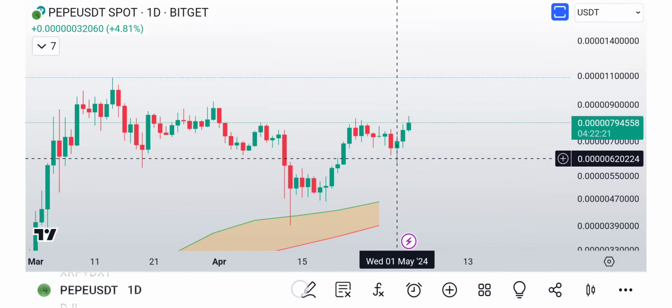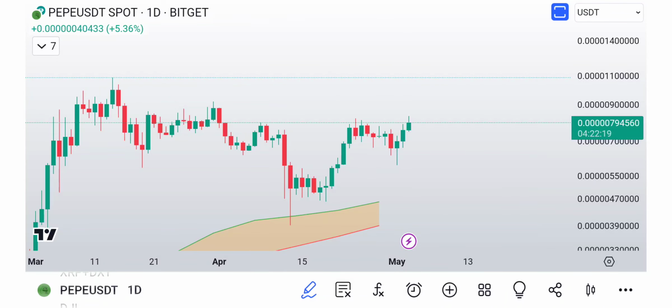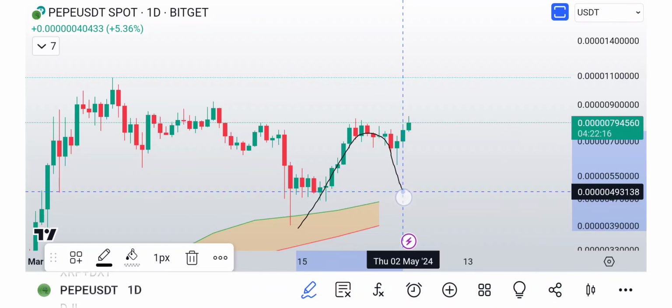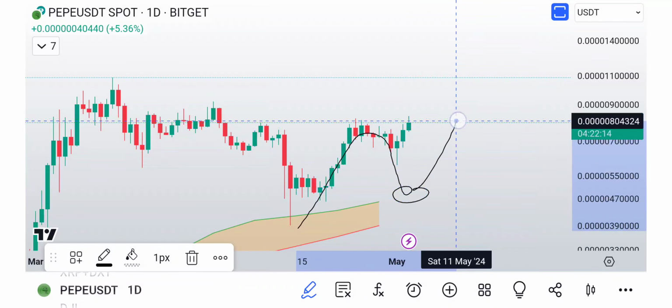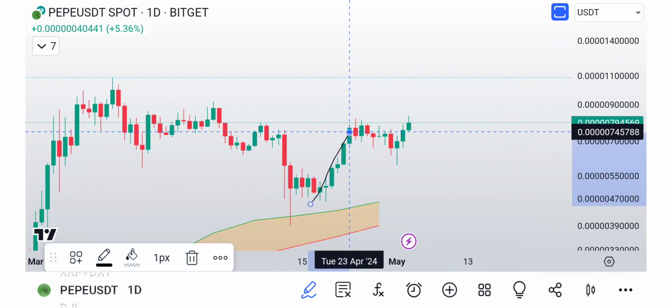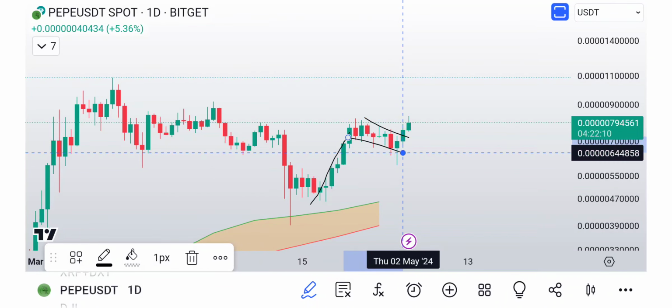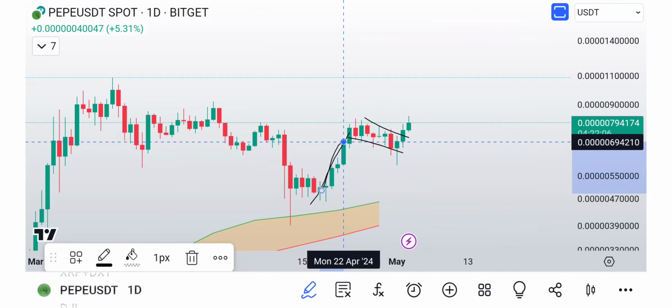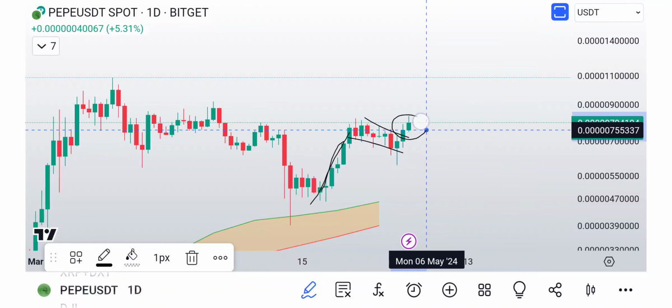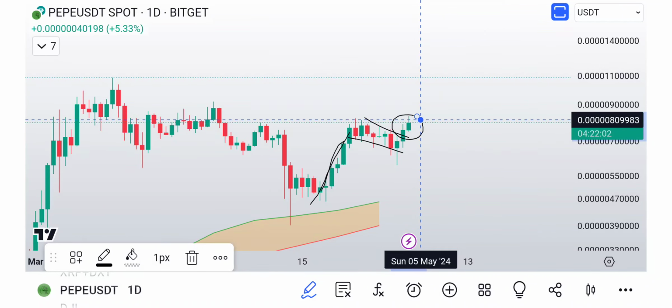Yeah, it did have a little bit of a pullback, but not much. Most coins came all the way back down here, right? So Pepe came up here. The good thing about it, who cares about Pepe? But if Pepe can do that and it's breaking above its bull flag, then that's a leading indicator for other coins to do the same thing, right?